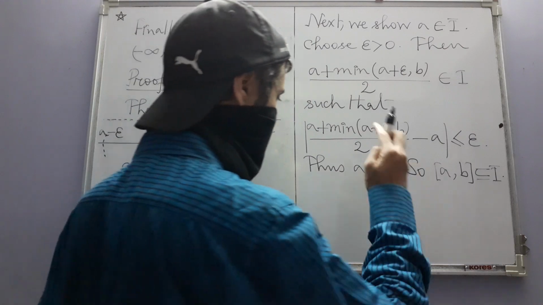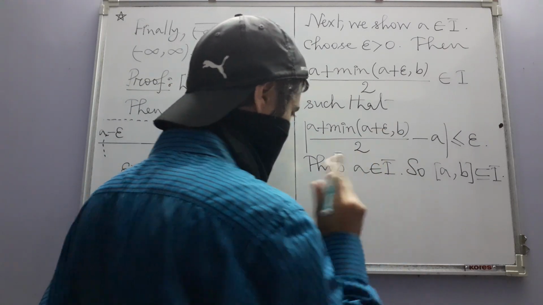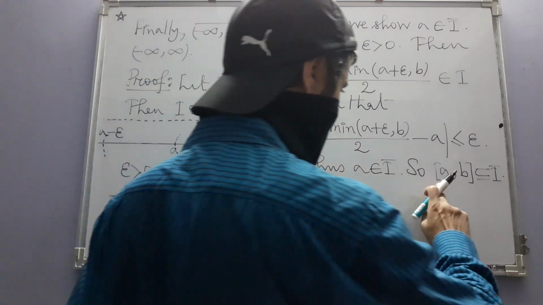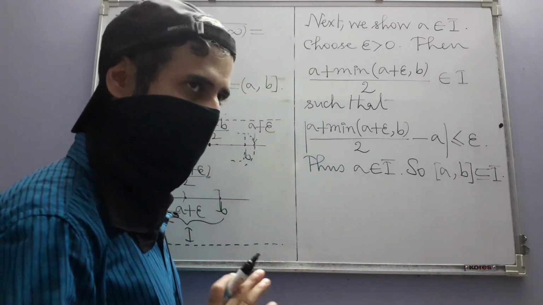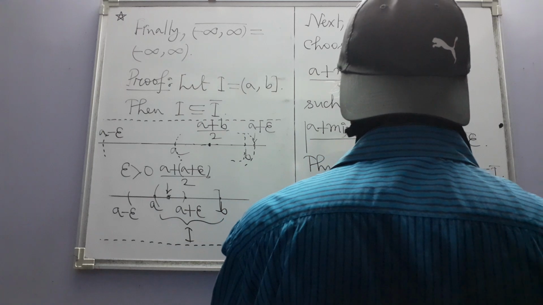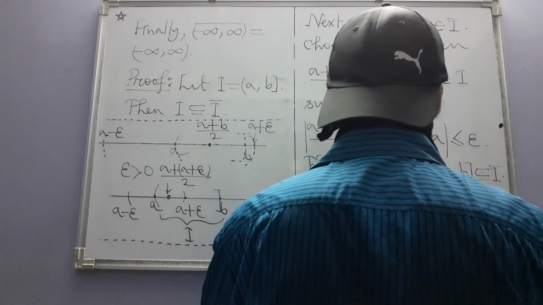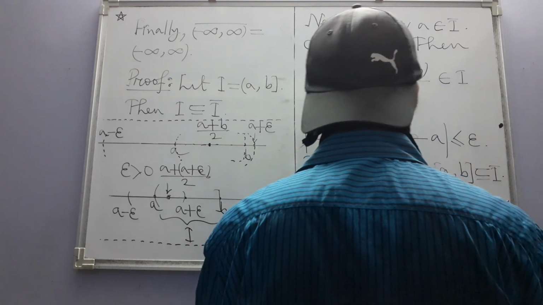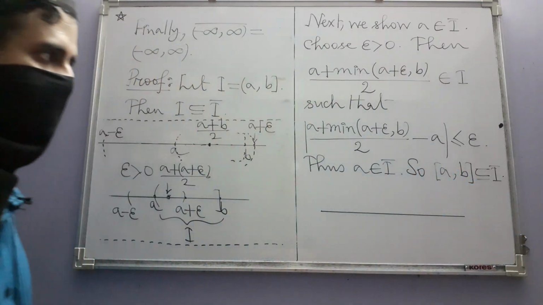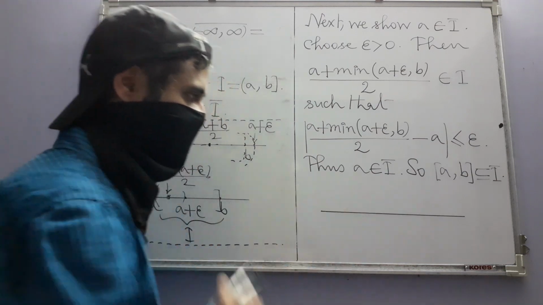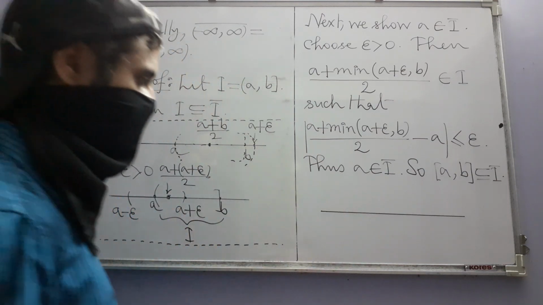But now let's see the other thing, that no point outside of this closed interval can be an adherent point of I. By now you have understood, I think, clearly that any such thing, whatever we write, involves such a figure in the background.